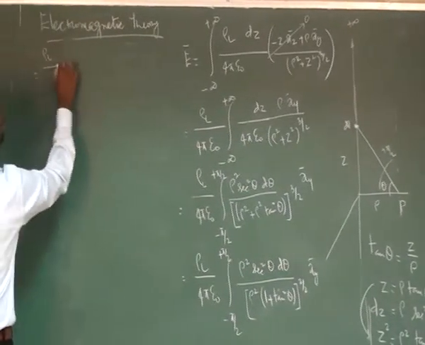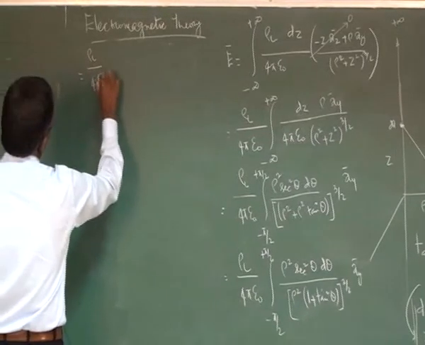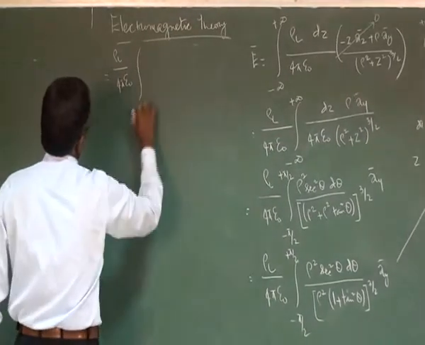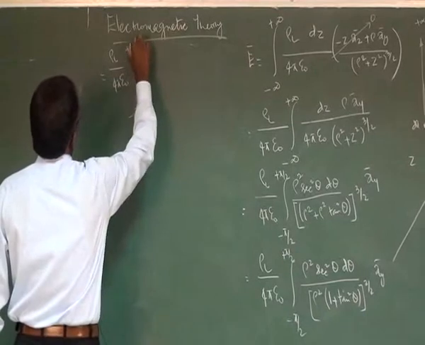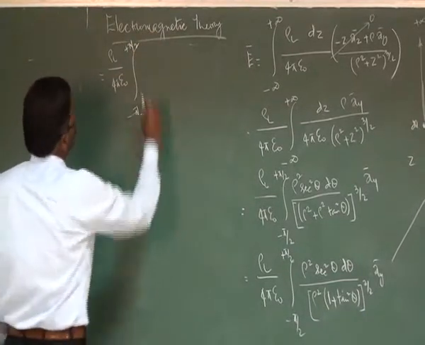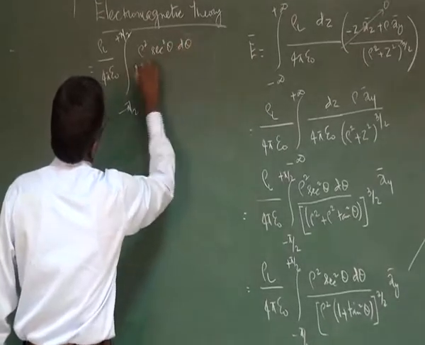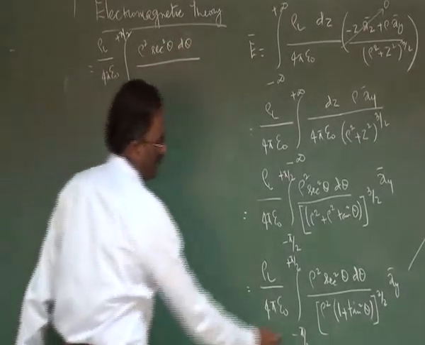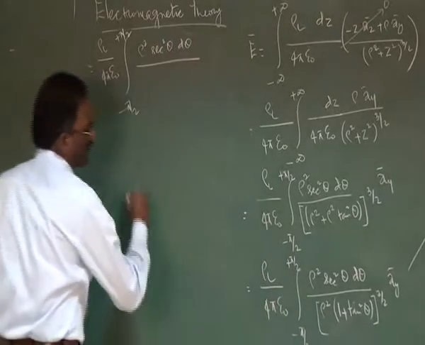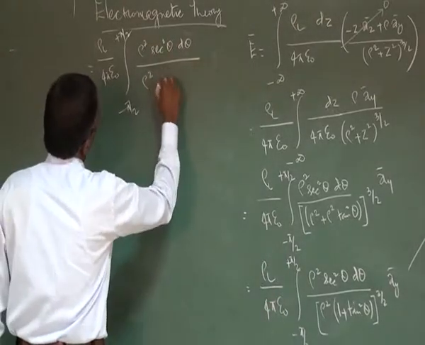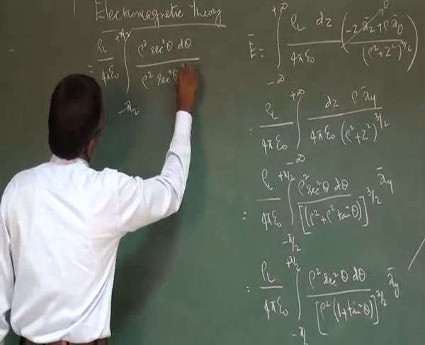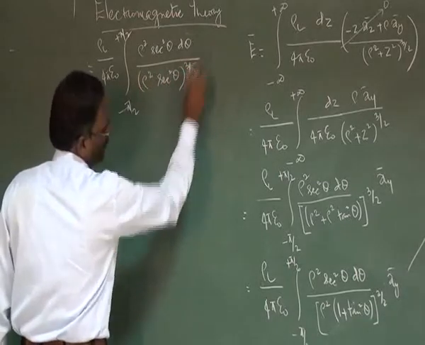This is again rho L divided by 4 pi epsilon O, minus pi by 2 to plus pi by 2, rho square secant square theta d theta divided by, 1 plus tan square theta is nothing but secant square theta, so rho square secant square theta to the power of 3 by 2.